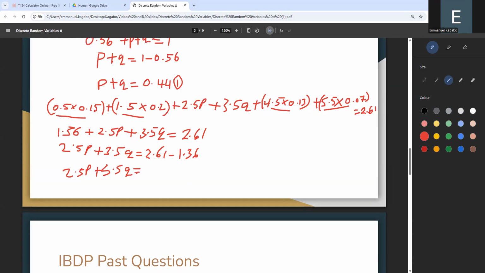That will give me, when you subtract in your calculator, because this is a calculator question, 1.25. Let me just confirm one more time. Yes, true.